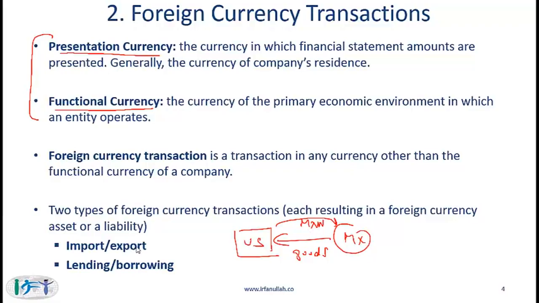An export transaction will also result in some foreign currency risk if there is a difference between when the sale happens and when the money will be received. And again, the foreign currency risk is there if the money is being received in the foreign currency.